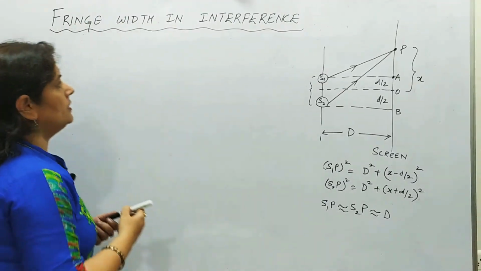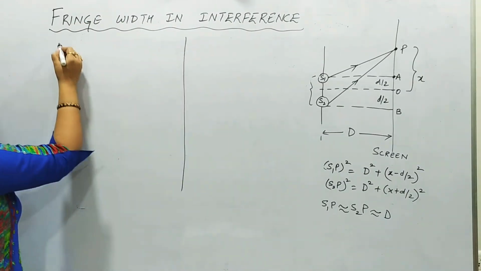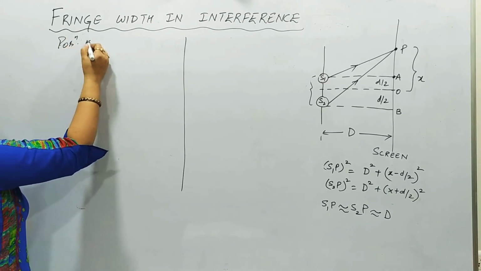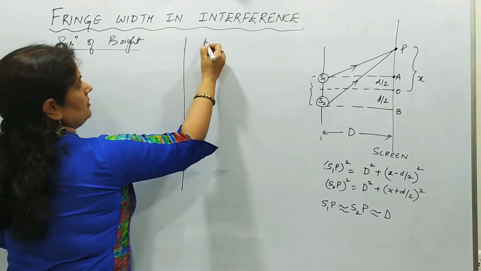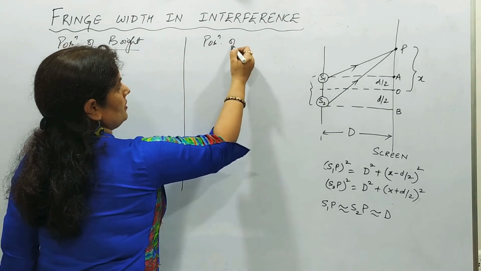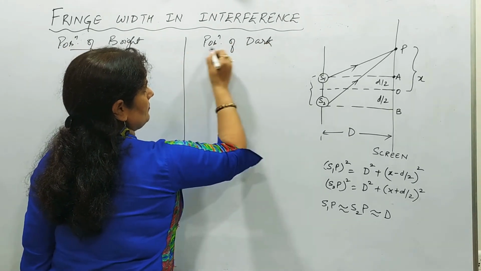This is a very important approximation that you have to remember. So let us find the position of bright fringe and position of dark fringe, right?